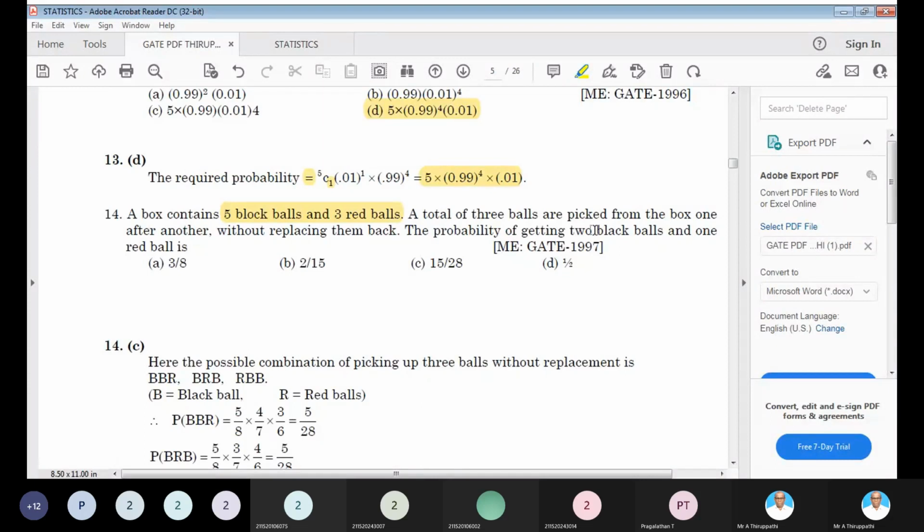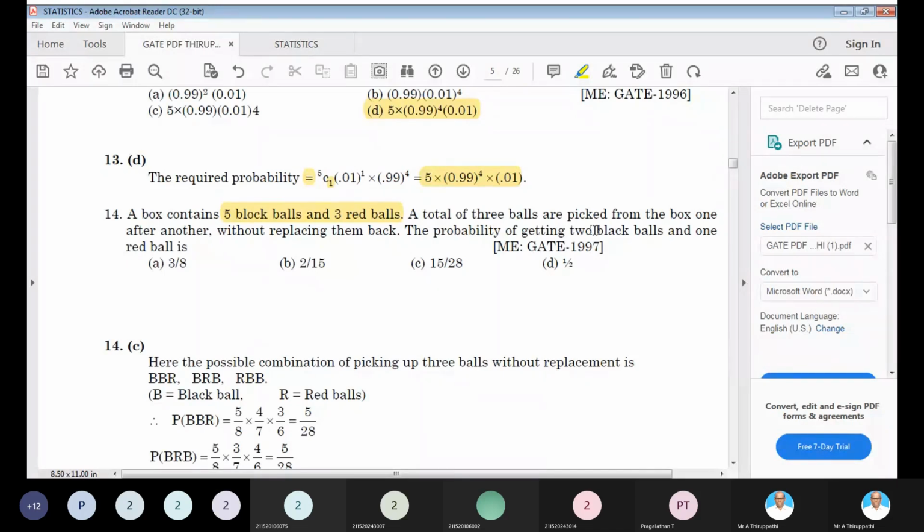Getting 2 black balls and 1 red ball, without replacing. First, 5 black balls are given, so 5C1 by 8C1 into next. After taking one, how many black balls remain? 4. So 4C1 by 7C1 into the next red ball, 3C1 by 6C1.